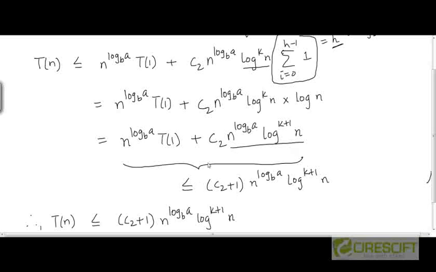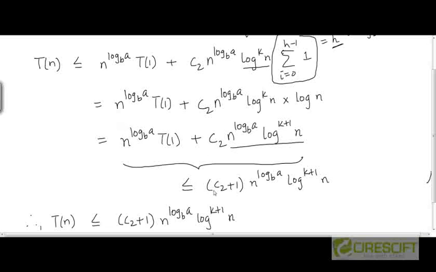Basically what I'm doing here is I'm saying that because this is a lower order term, we can take the coefficient of the dominant term, add 1 to it, and claim that the dominant term with this extra 1 in the coefficient is going to be greater than or equal to this left hand side.